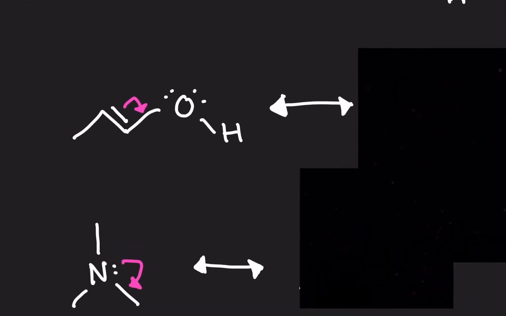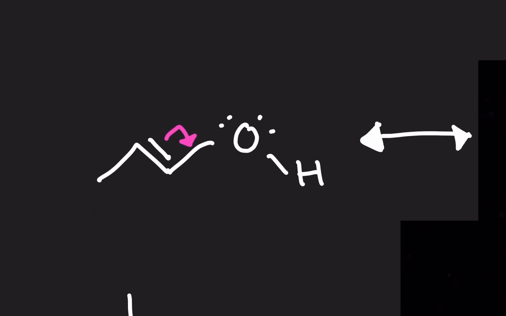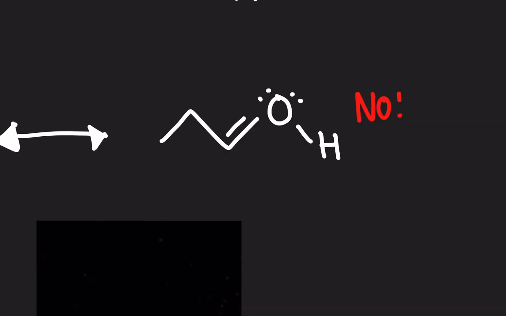What about this one? This one. So we're breaking this double bond and we're adding it here. Is this allowed? The answer is no. Because oxygen is holding too much.